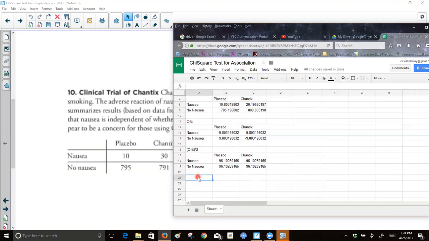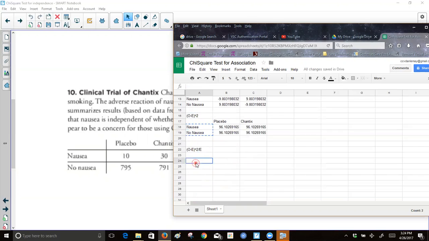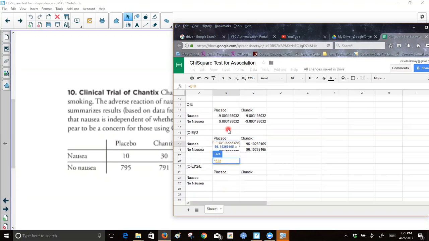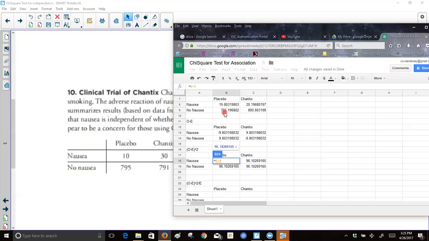Now the next to last thing is we're going to take those squared differences and divide them by the expected values. So, okay, I'm going to take equals. I'm going to click on that expected value for that placebo and nausea and divide it by that expected value.